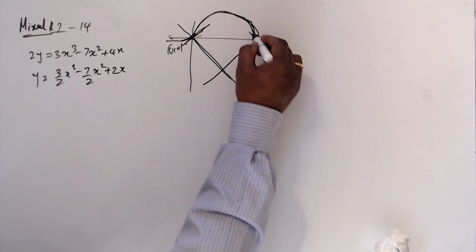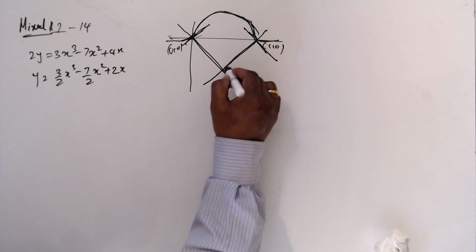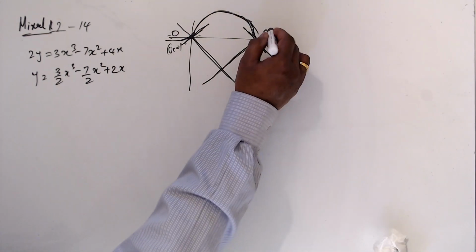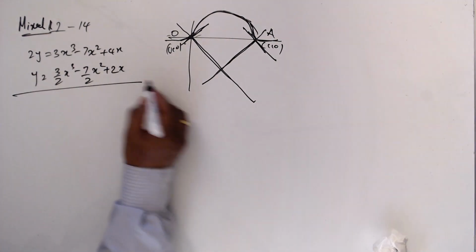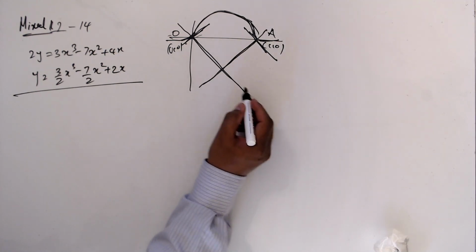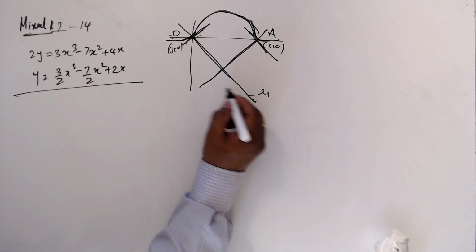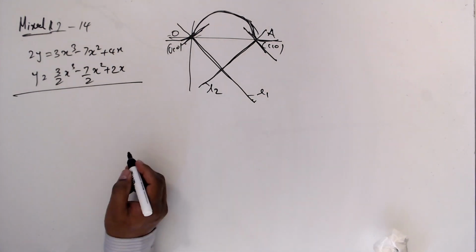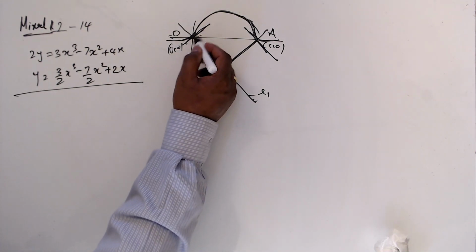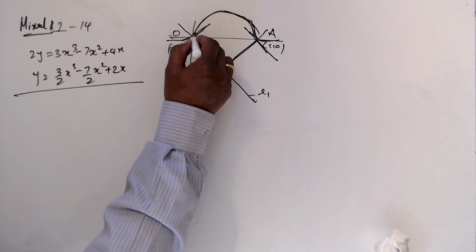And in this point, this is the tangent and this is the normal. So this is O and this is A. Now we want to find the equation of this. I will take L1 and L2, equation of L1 and L2. Now first of all we'll find the tangent to find the point.